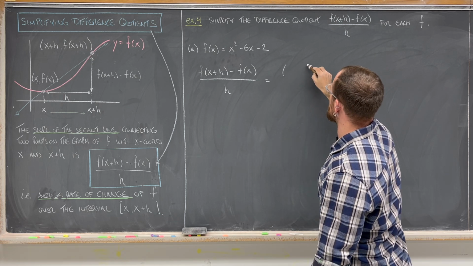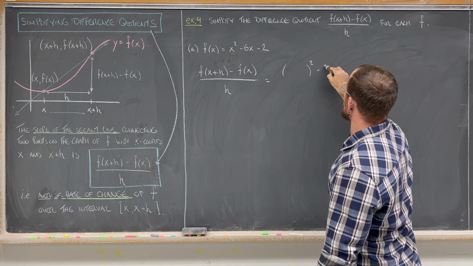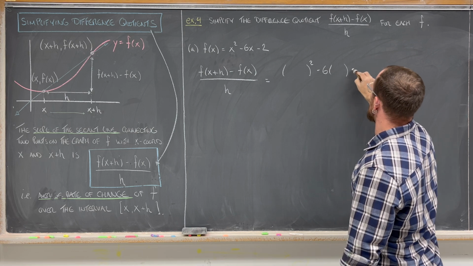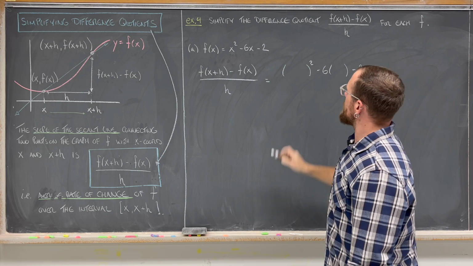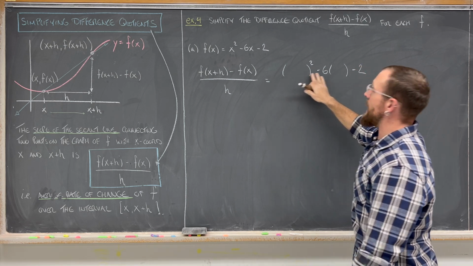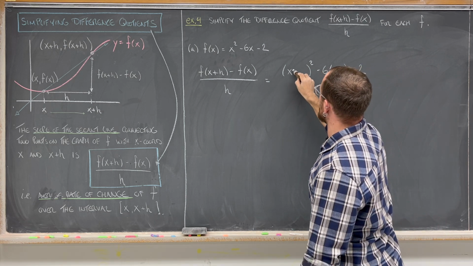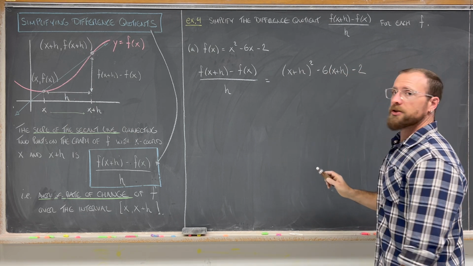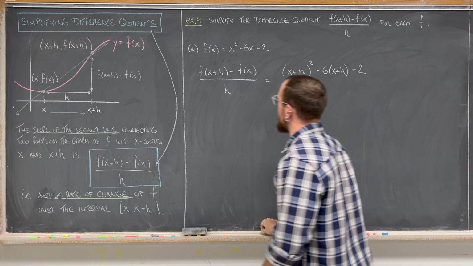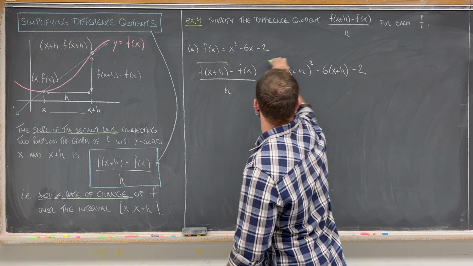F is this function that takes its input and squares it, subtracts 6 times its input, and then subtracts 2. Or that's what f does to any input. To x plus h, it will give me x plus h squared minus 6 times x plus h minus 2. OK, so that takes care of f of x plus h.